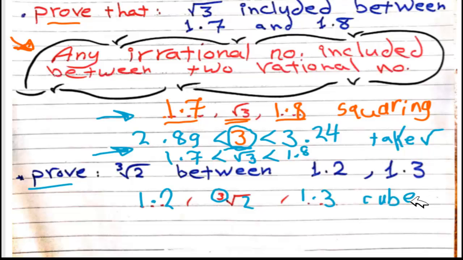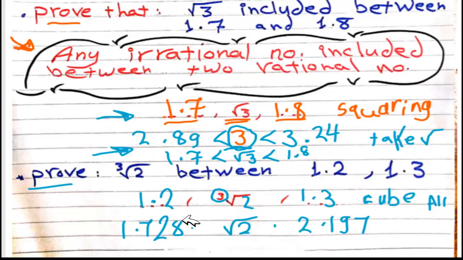This is too easy, it will be root 2. And this will be 1.3 by 1.3 by 1.3, which is 2.197, and here 1.2 power 3, 1.2 by 1.2 by 1.2 gives you 1.728, sorry.